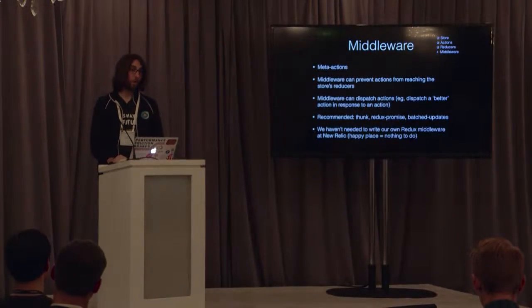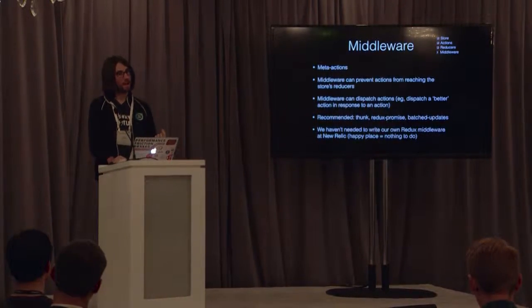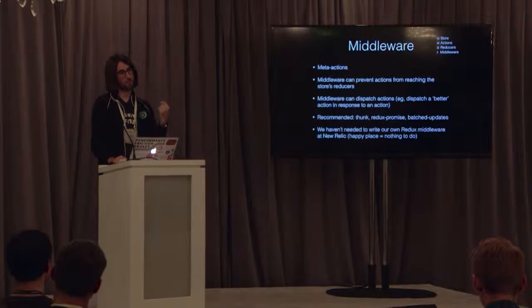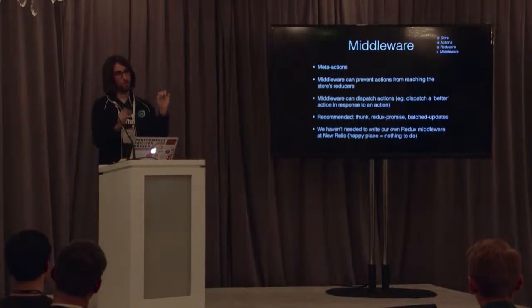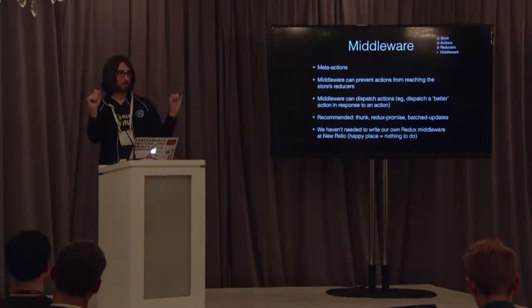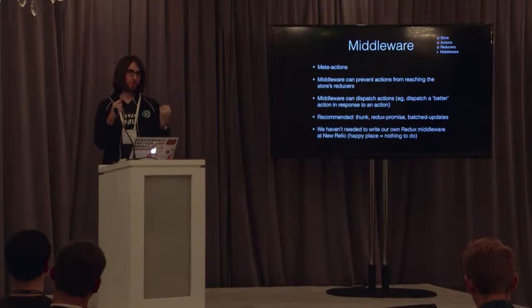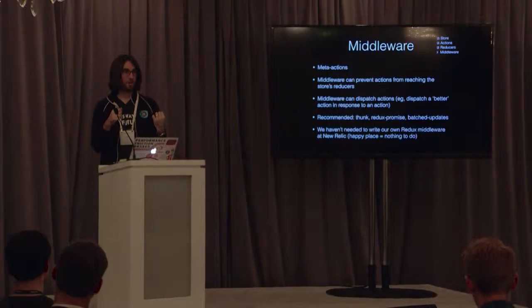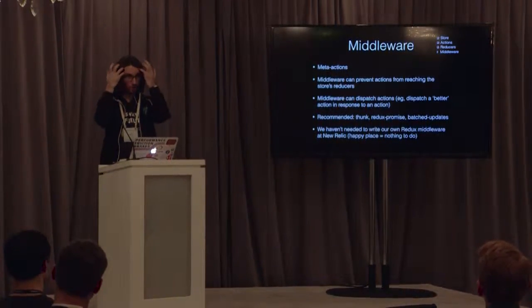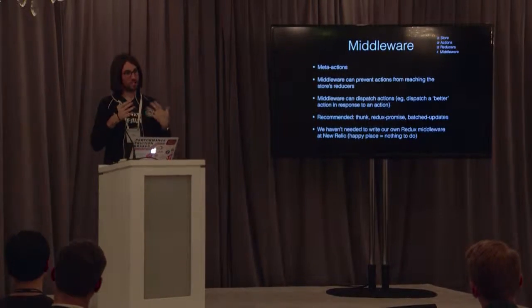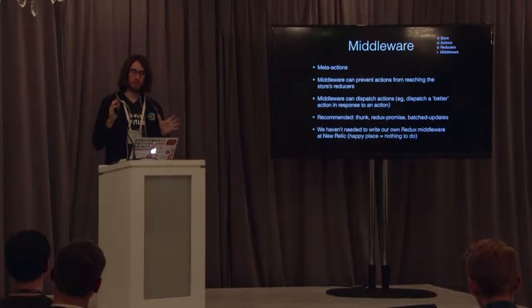So middleware, I mentioned that earlier, it's kind of like meta actions. Essentially, it's sitting between when you dispatch an action and the reducers receiving the action. And that gives you an opportunity to dispatch a different action if you want to. So you get stuff done here by not changing anything, which is sort of a weird way to think about it.